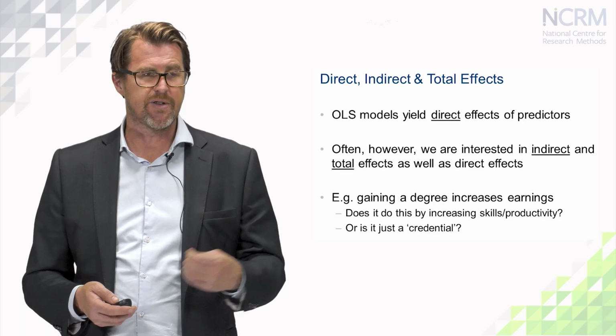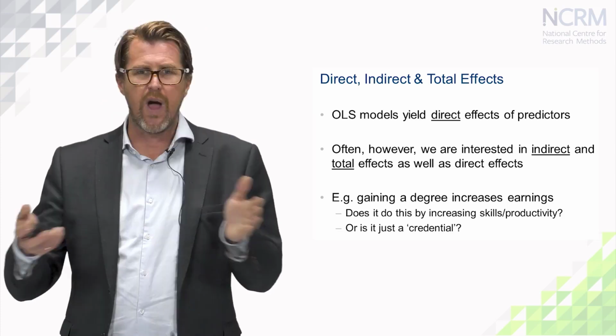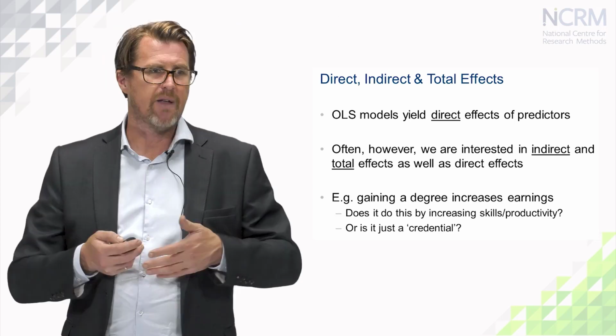And this is because oftentimes what we are interested in is understanding causal mechanisms, not just whether two variables are causally related, but how they are causally related. So we might, for example, conclude that gaining a degree at university increases your earnings.